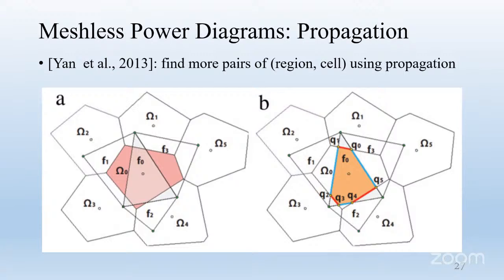That is F1 here. Well, if an edge is generated by a clipping, for example, Q4 to Q5, we know that the neighboring cell of omega 0 must intersect with the current region F0. So some more pairs can be found after we visit all the edges, and these pairs can be further processed by using the meshless clippings.